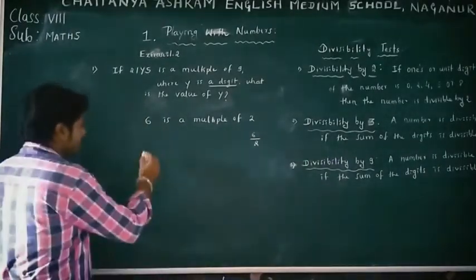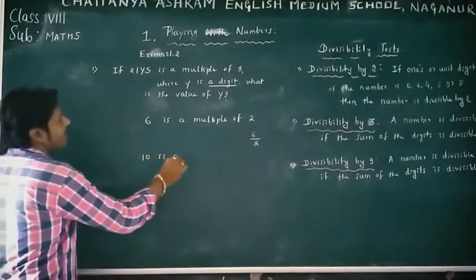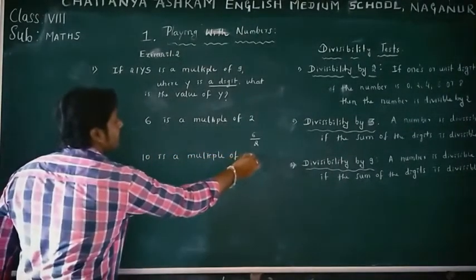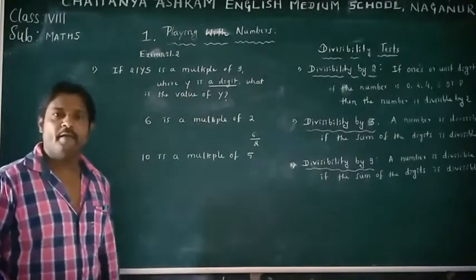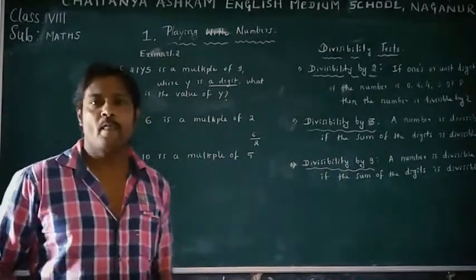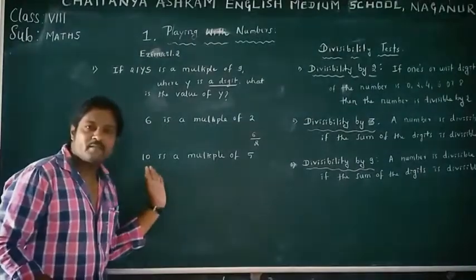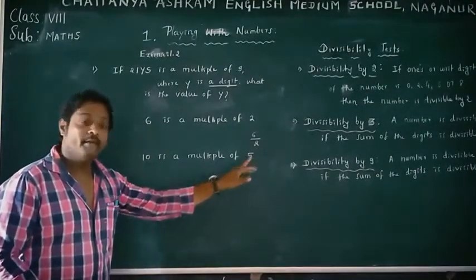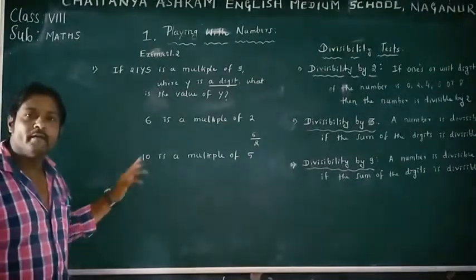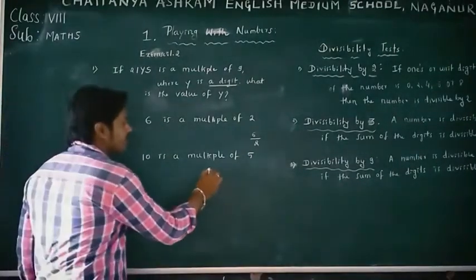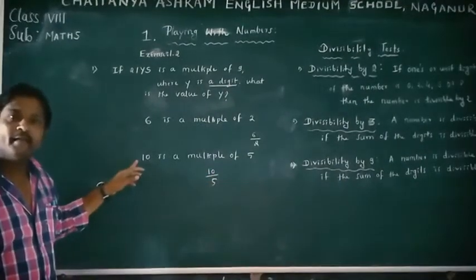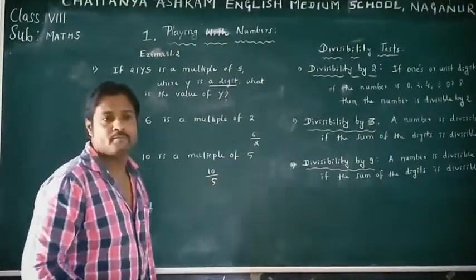For example, 10 is a multiple of 5, which means that 5 divides 10 completely.